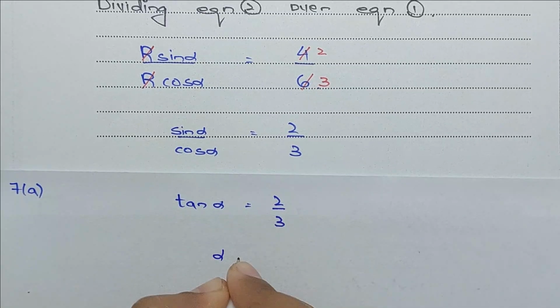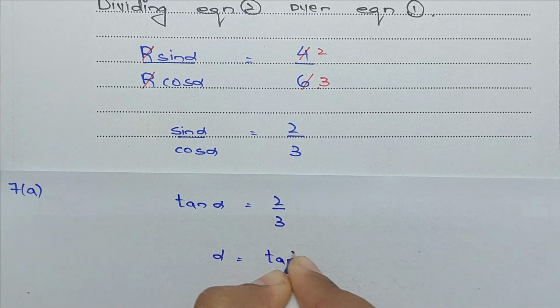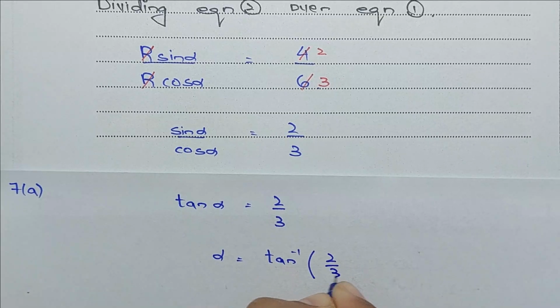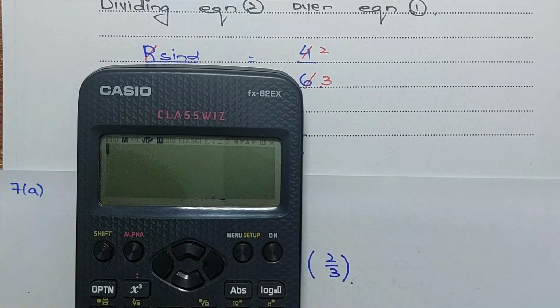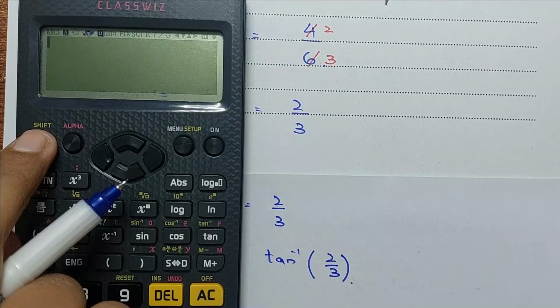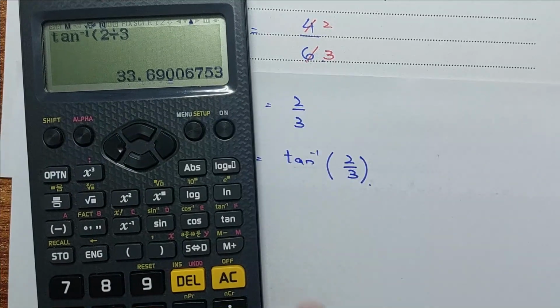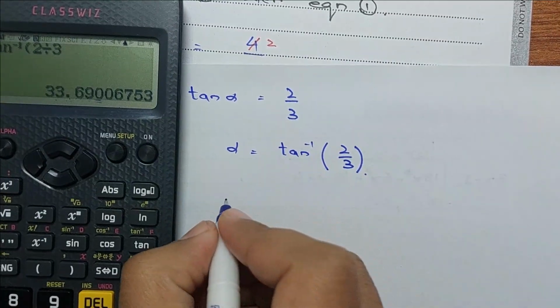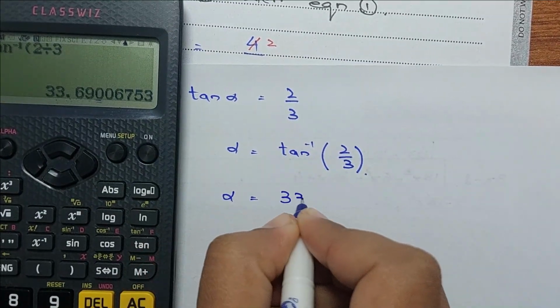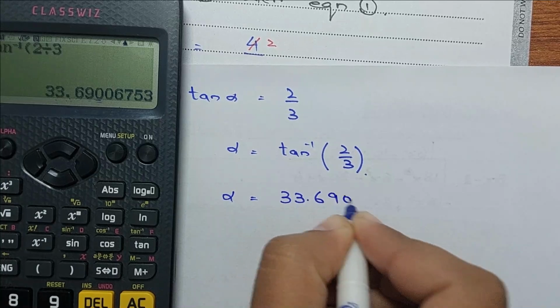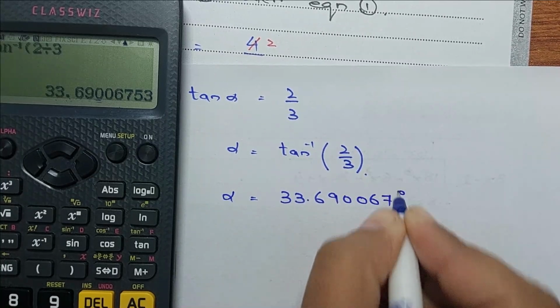So what is the value for alpha, which is tangent inverse of 2 by 3? And it should be in degrees, right? Not in radians. My calculator is in degrees. Okay. Now tangent inverse 2 by 3. 33.69 up to 2 decimal place, right? So here we can say alpha is 33.690067 degrees.